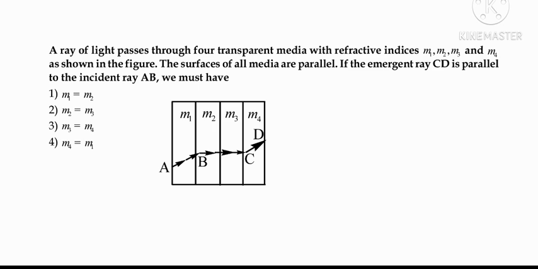So four transparent media are placed parallel and in contact with each other, having refractive indices M1, M2, M3 and M4 respectively. Emergent ray CD is parallel to the incident ray AB, and among the four options, which is valid for CD to be parallel to AB.